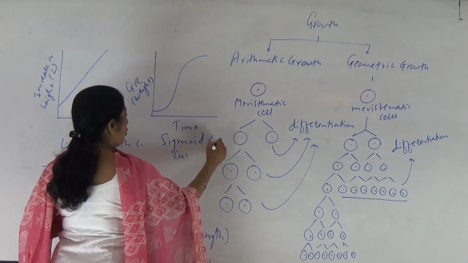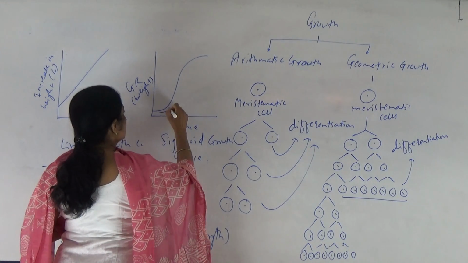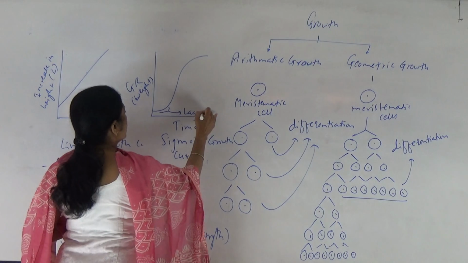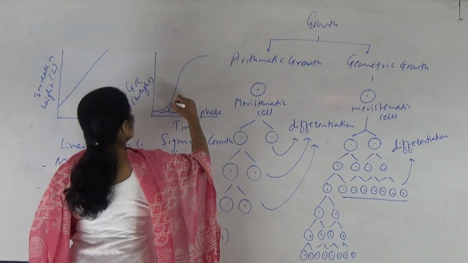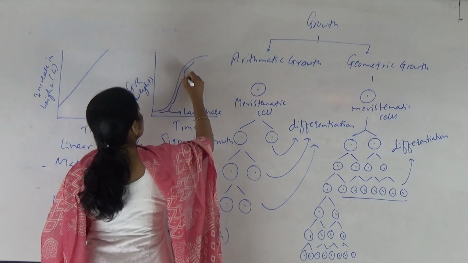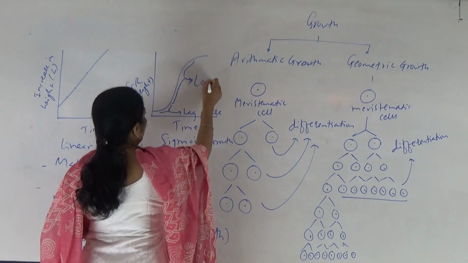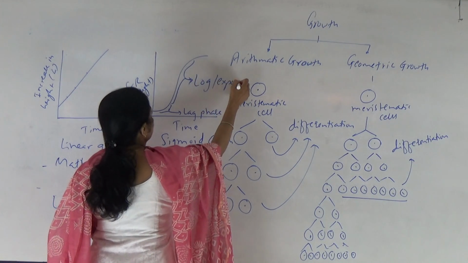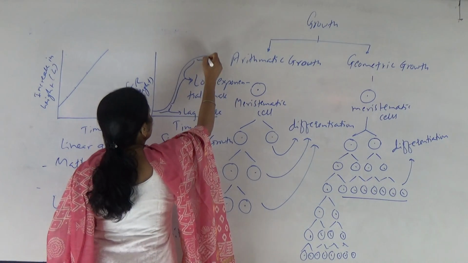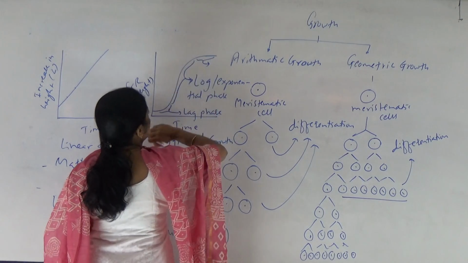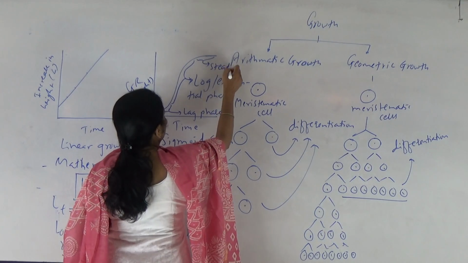Okay, yesterday we had seen this lower phase is known as the lag phase, where the growth is very small, slow growth. And this phase is known as the exponential or log phase, where the growth is rapid, and this upper region where the growth becomes steady is the stationary phase.